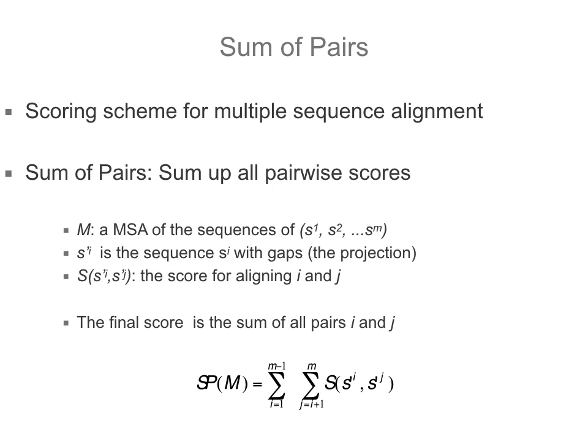So the sum of pairs for the multiple sequence alignment M is equal to the sum from I equal to 1 to m minus 1 over the sum of J equal from I plus 1 to m, and then we take the individual score S of S prime I and S prime J. Why is the sum over J starting at I plus 1 and not at 1?